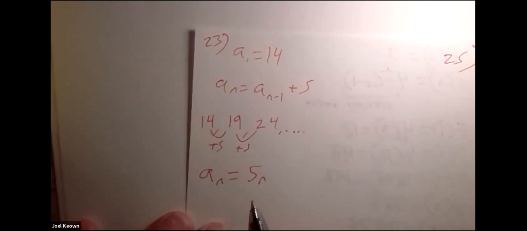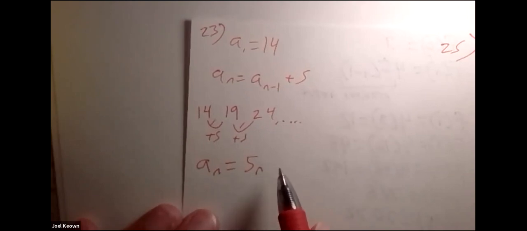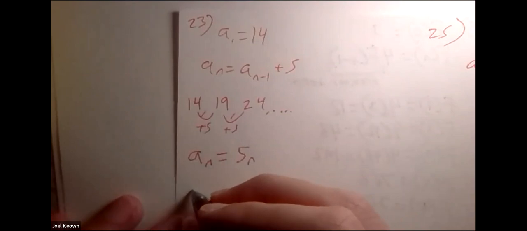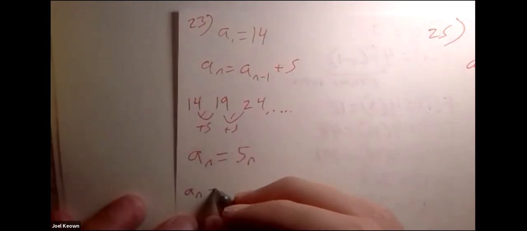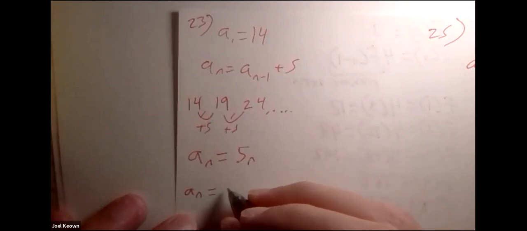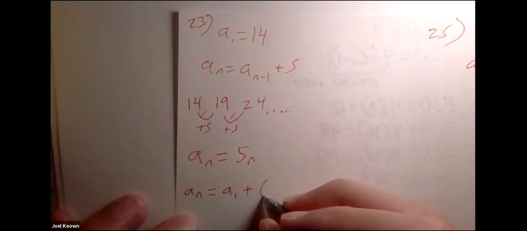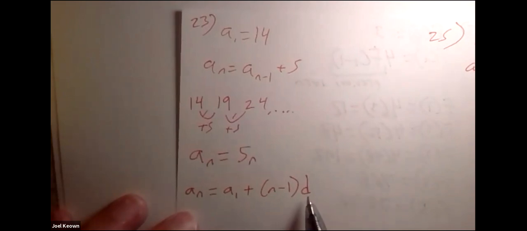5n. Now there's two ways I could do this. I could just do some trial and error and figure out what this one is. Or at this point in time, maybe I want to remember we have a formula for this. This is an arithmetic sequence. So it's a sub n equals, if I remember this correctly, a sub 1 plus n minus 1 times d, which is a common difference.